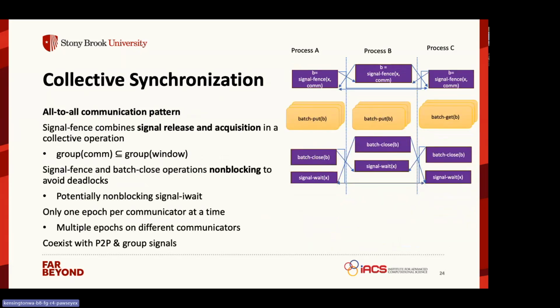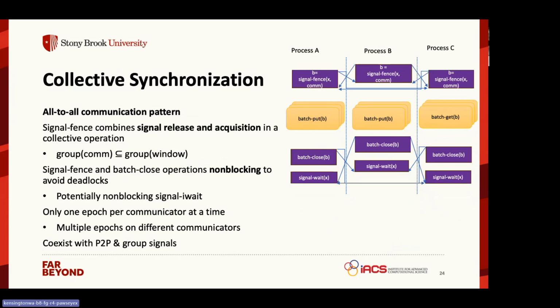And I mentioned fence earlier, which is a collective operation, and we could easily integrate that as well. If you have almost a sparse all-to-all maybe, where you're potentially communicating with everyone, we can have a signal that is a fence in the end. So the opening of the signal gives you batch. We combine these two because there's no need to split them again.